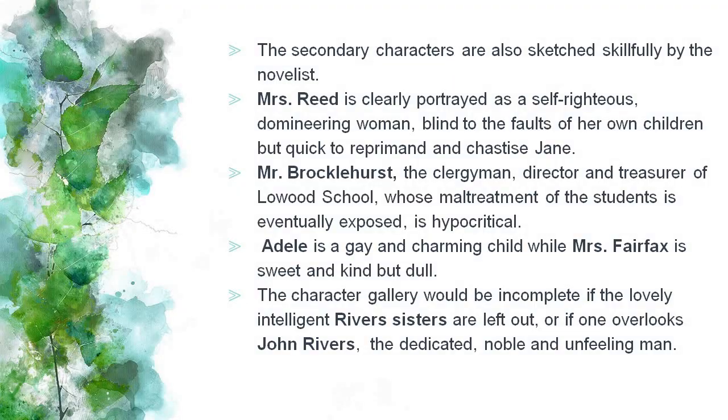The secondary characters are also sketched skillfully by the novelist. Mrs. Reed is clearly portrayed as a self-righteous, domineering woman, blind to the faults of her own children, but quick to reprimand and chastise Jane. Mr. Brocklehurst, the clergyman, director and treasurer of Lowood School, whose maltreatment of the students is eventually exposed, is hypocritical.